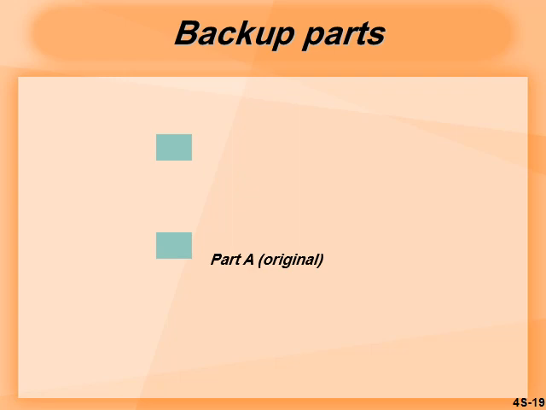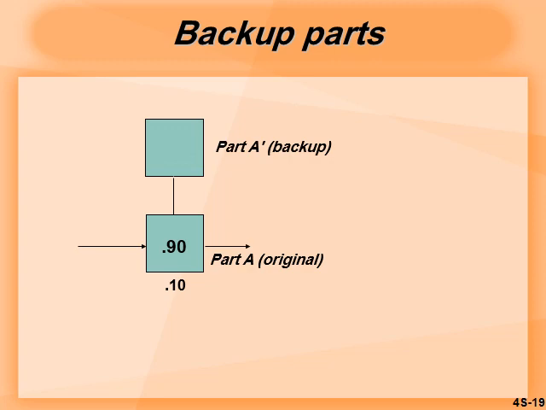Now, the system can operate not with both parts, either with the first part, the original, or with the second part, the backup or standby. So we have the original part as a box with its success probability inside the box and failure probability outside the box.